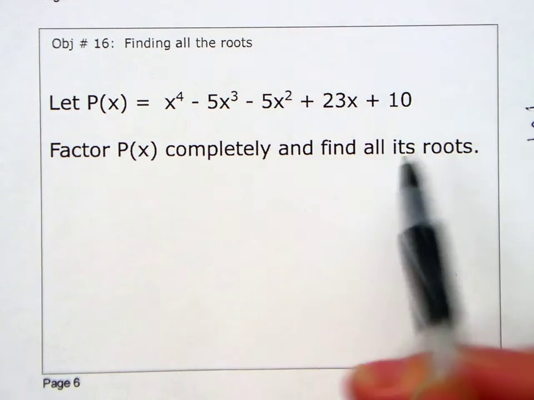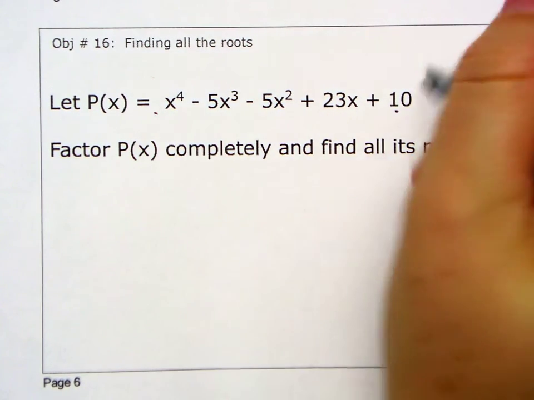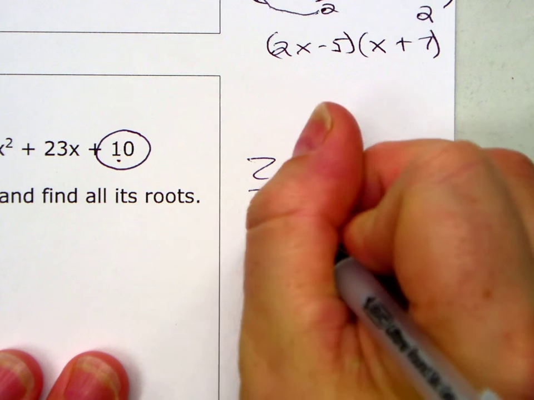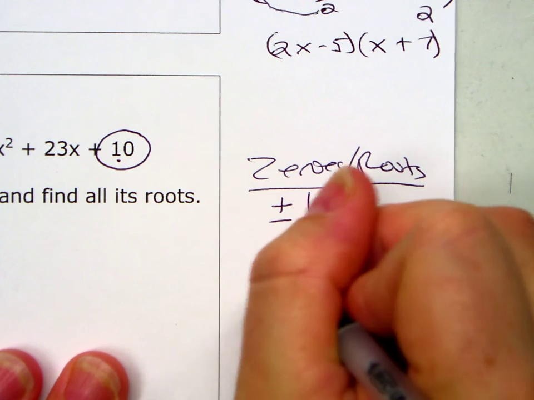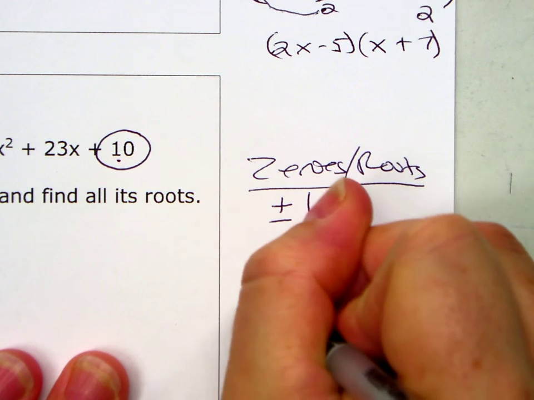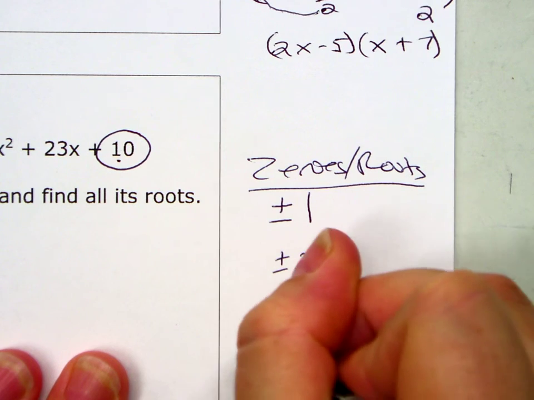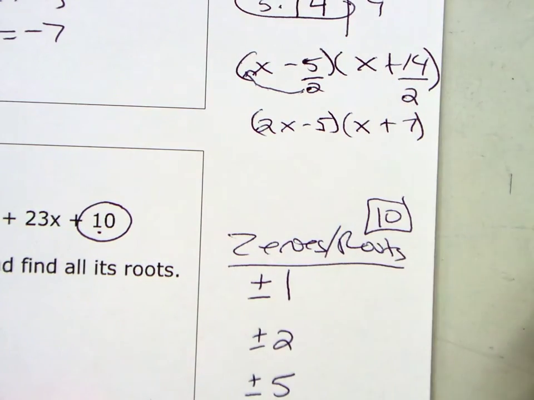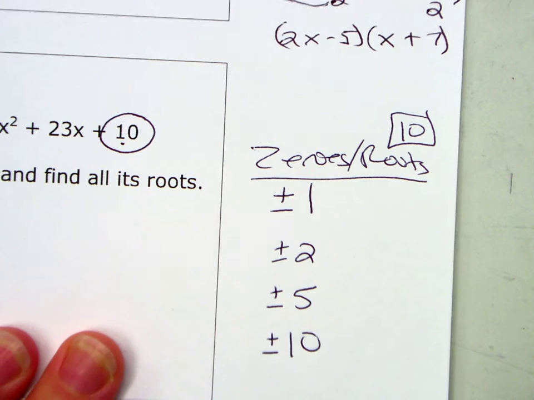All right, so we have 10 divided by 1, so we're going to focus on the 10. What are the numbers that divide into 10? We have plus and minus 1, plus and minus 2, plus and minus 5, and plus and minus 10. Again, remember the number is 10. Write down all the numbers that go into 10. What are the factors of 10?